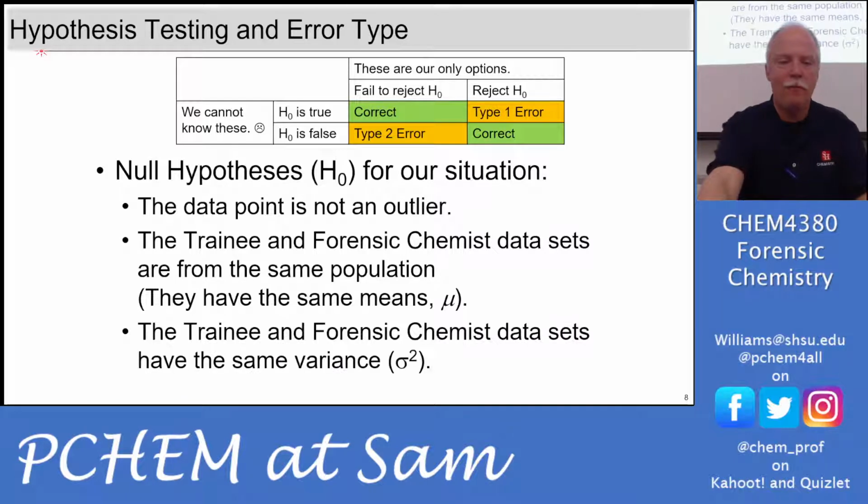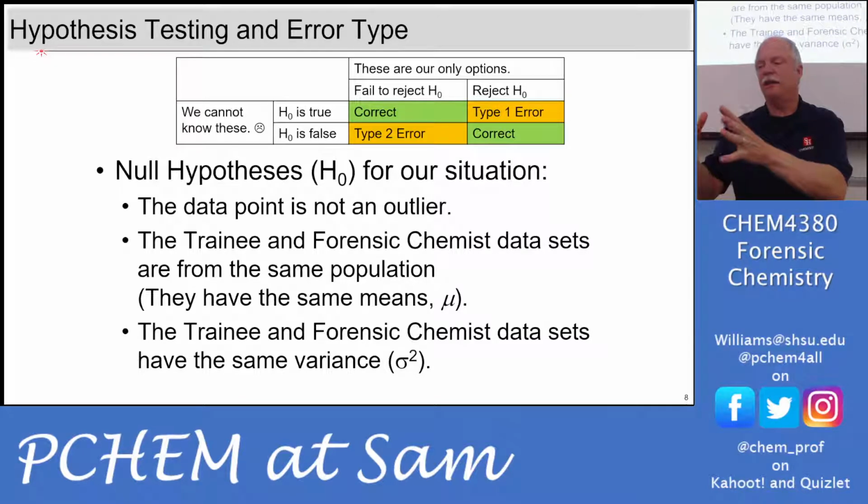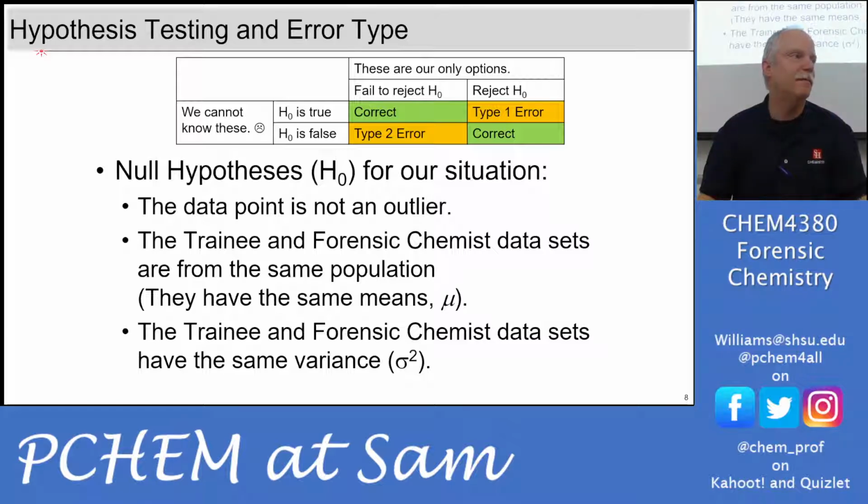Okay. And then we'll do an F-test for equal variances. And this is saying that the precision of the trainee and the precision of the forensic chemist are the same. So those are our baseline assumptions in all of these tests that we're going to do today. And notice how the best situation, I guess, would be what your null hypothesis is, that there's no difference in population, that there's no difference in variance, that there's no outliers.